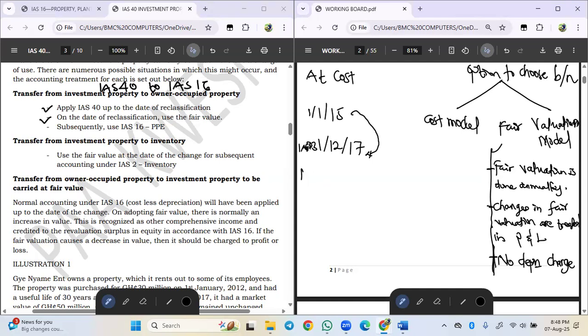But subsequently, from 1st January 2018, you apply IAS 16, that's PPE. I hope that part is clear, from investment property to owner-occupied property. Is that part clear?